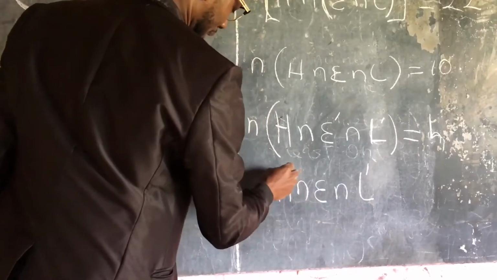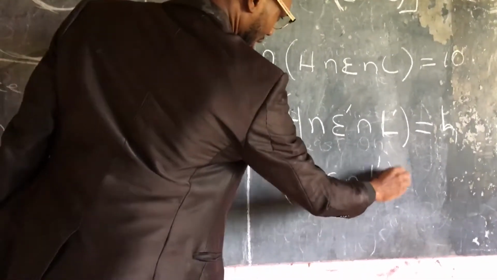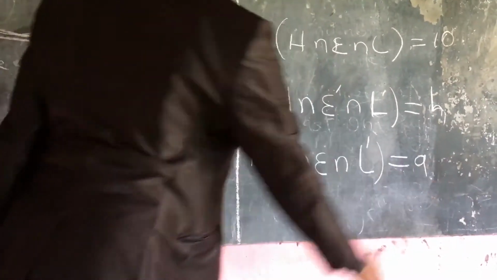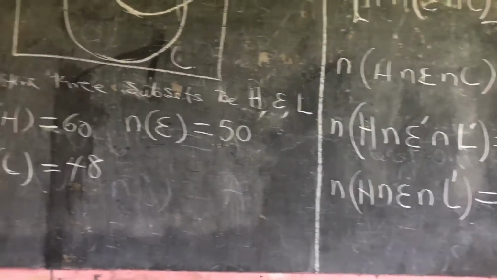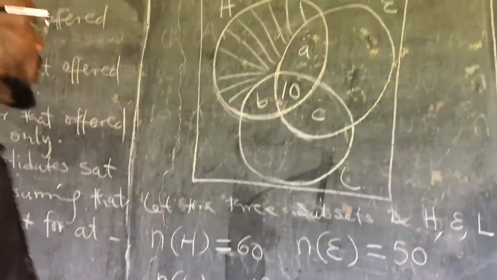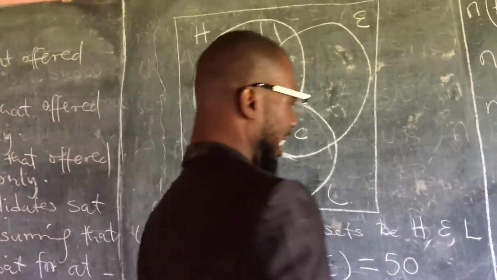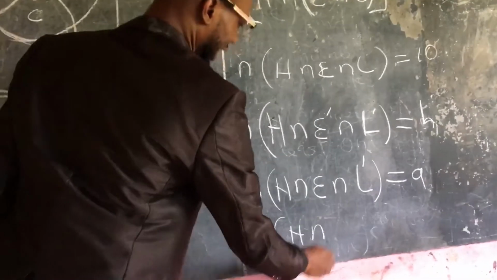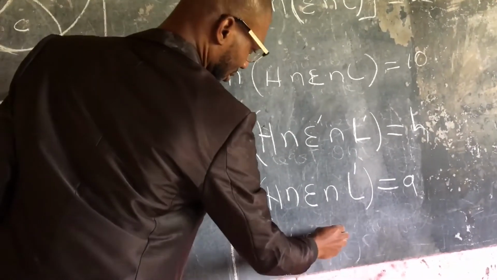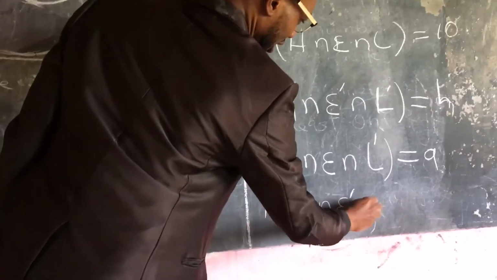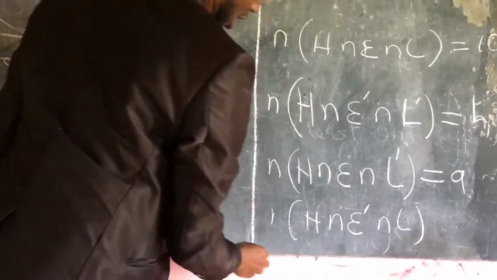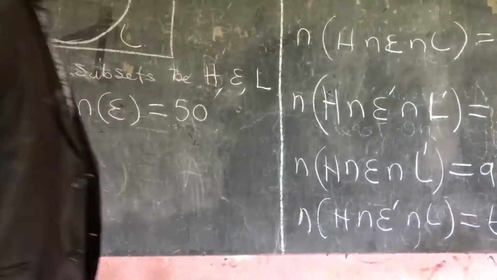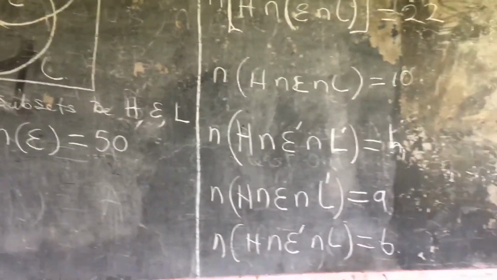So that part is what we call A. And this part is what we call H intersect E complement intersect L. So the cardinality is what we call B. Are we following?